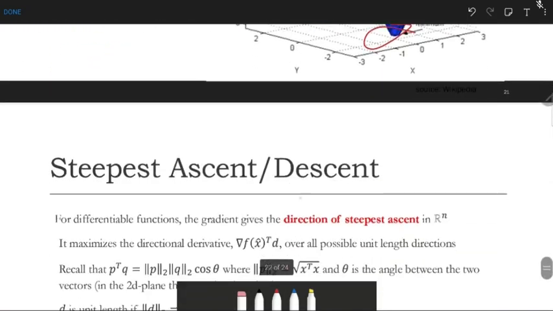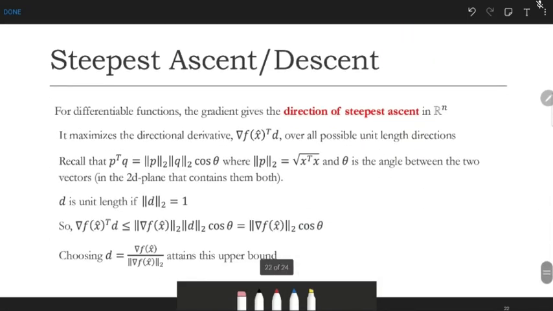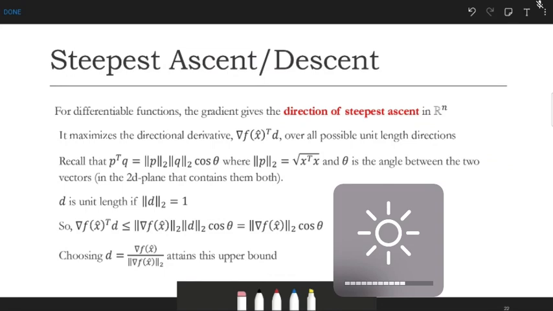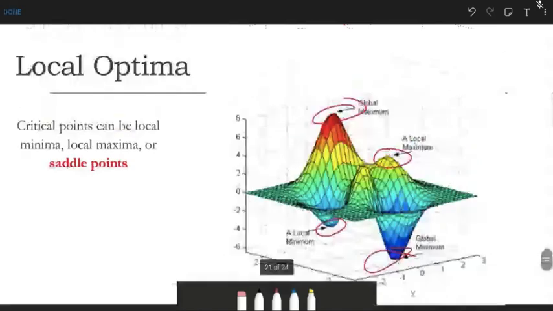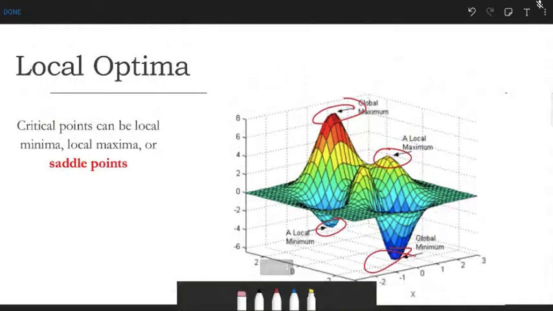Anyways, steepest ascent, steepest descent. Concave gives maxima, convex gives minima. That is why, when we are trying to find the maxima and minima of a function, first we set the first derivative to 0.